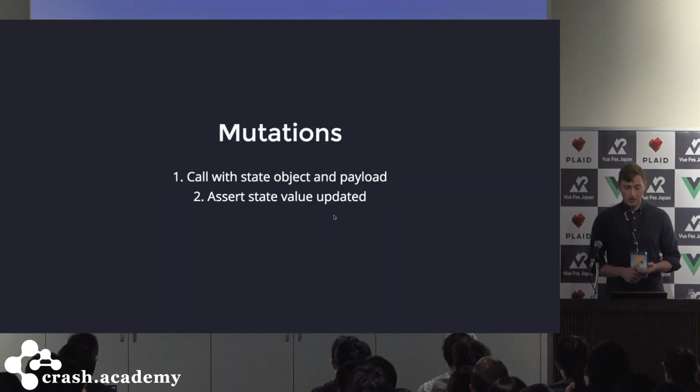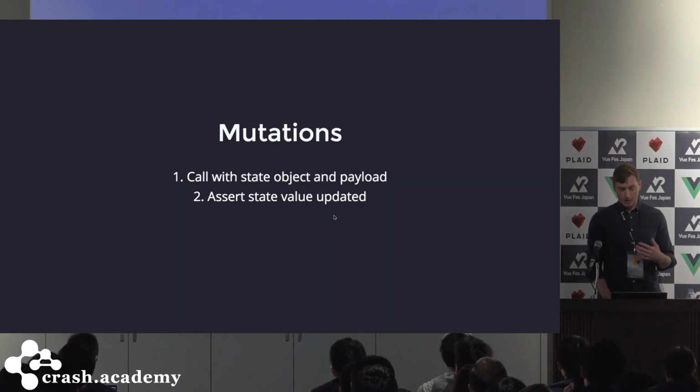Firstly, you call the mutation with a state object and a payload object, and then assert that the state value is updated. Now, often mutations are quite simple, and it probably wouldn't make sense to write a unit test for a simple mutation, but you might have some filtering logic in there or extra logic that would benefit from a unit test.